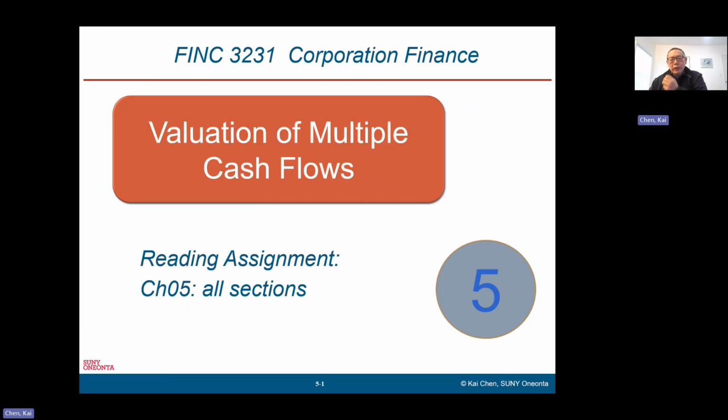In the last chapter, we learned how to calculate the present value and the future value of a single cash flow.